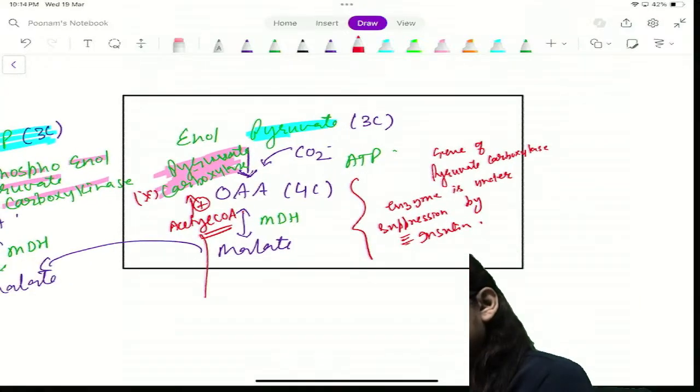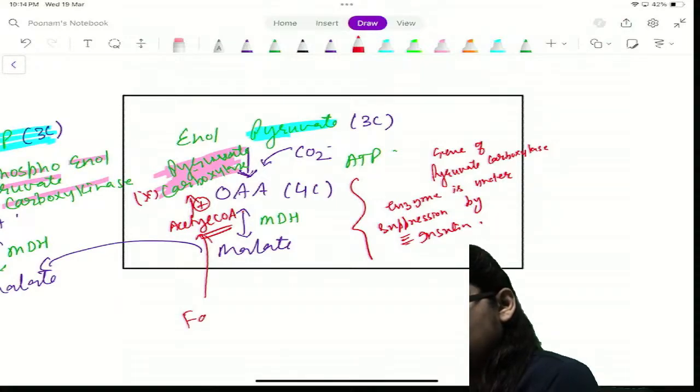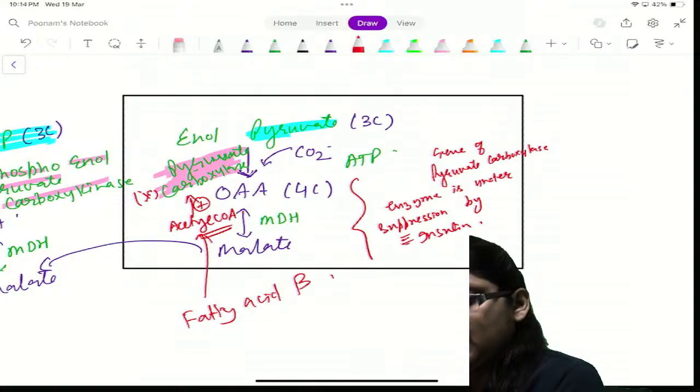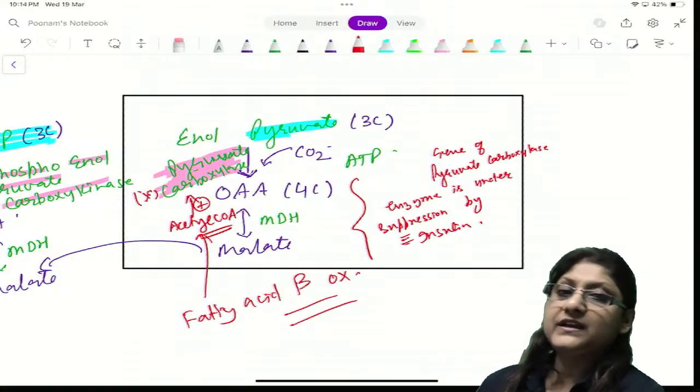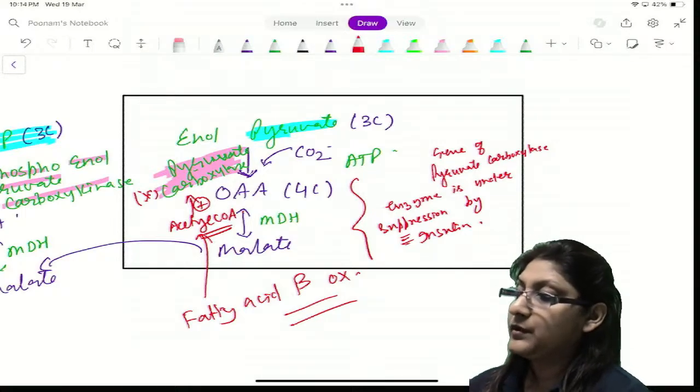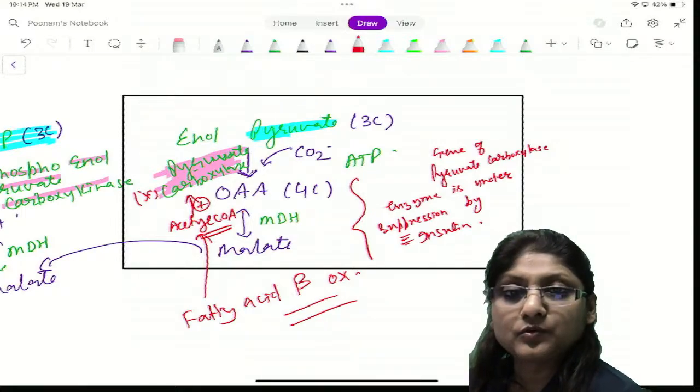And if you want to know a little more, this acetyl-CoA is generated from fatty acid beta oxidation. The fatty acid beta oxidation pathway is generating acetyl-CoA.